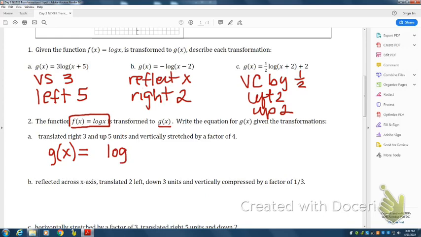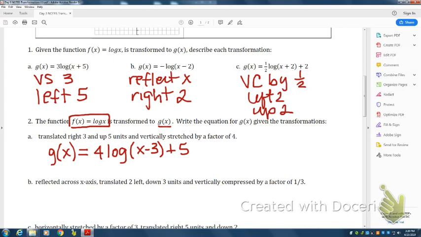And if you move right 3, what do I put in the parentheses? X minus 3. And if I move up 5, what do I put at the end? Plus 5. And if you vertically stretch by a factor of 4, where does that 4 go? Up front. And there you go.